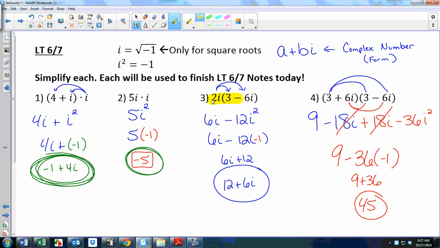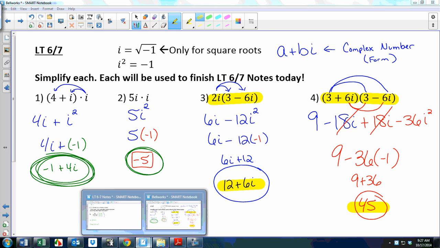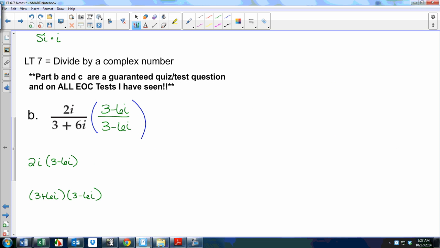Multiplying 2i times 3 minus 6i gives us 12 plus 6i, and multiplying the conjugates 3 plus 6i and 3 minus 6i gives us 45. So we'll take those answers and put them in. The top becomes 12 plus 6i, and the denominator becomes 45.